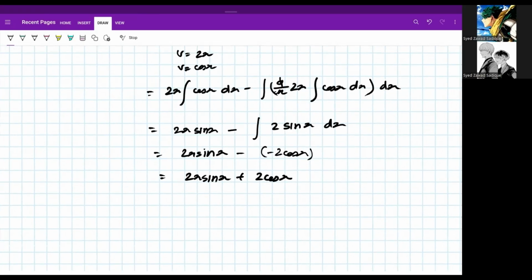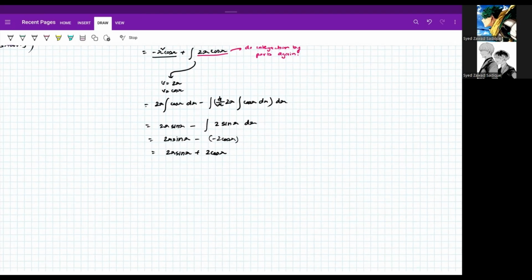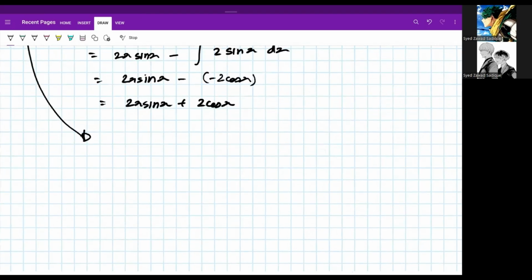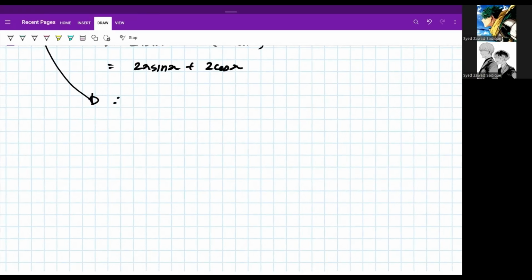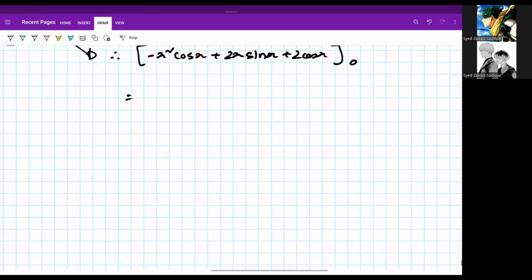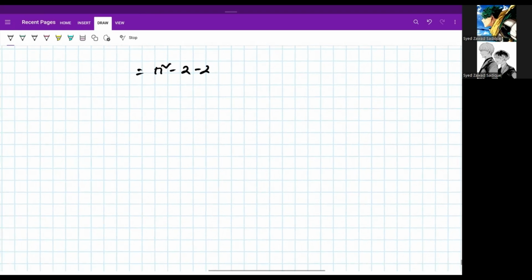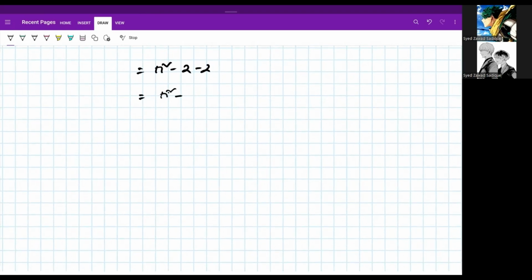Now we have to bring this back down, and therefore we can write minus x squared cos x plus 2x sin x plus 2 cos x, from 0 to pi. So we get pi squared minus 2 minus 2, which is pi squared minus 4.